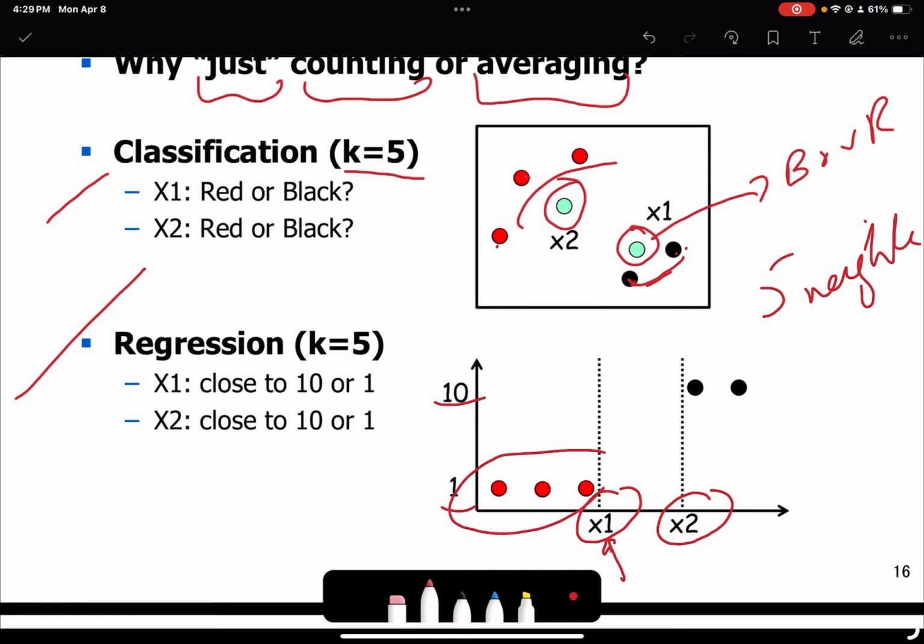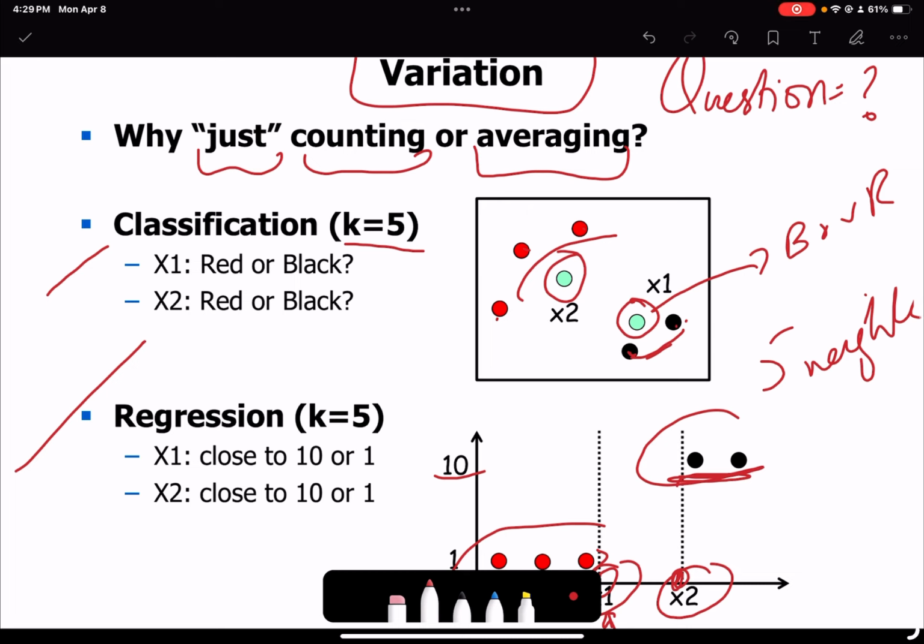Does it belong to 1 or 10, and the value at the x2 point, does it belong to 10 or 1? So these are some scenarios in which we can study a variation of our existing KNN algorithm by not just considering the average values. So how do we do that?